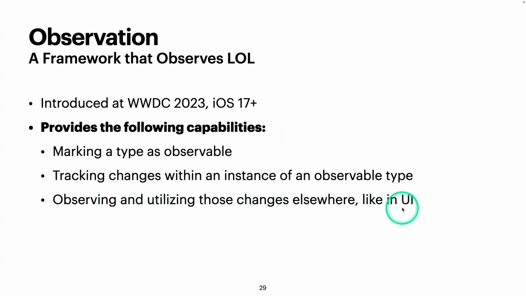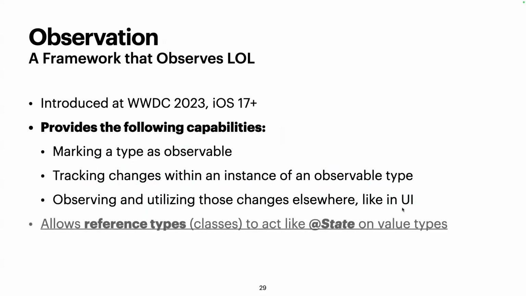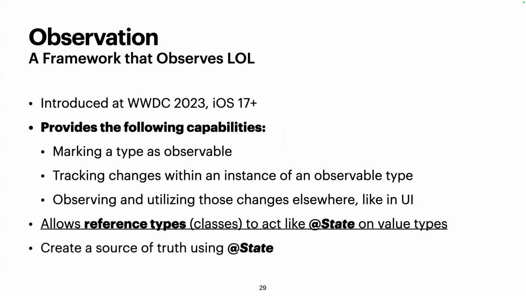So it basically brings the @State property wrapper abilities that we have seen with value semantics to reference semantics. So it allows reference types like classes to act like @State that we've seen before on value types. And again, with @State, you're creating a source of truth, like always.